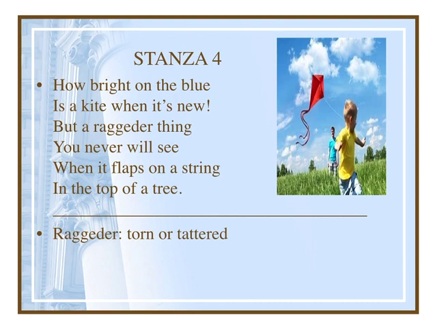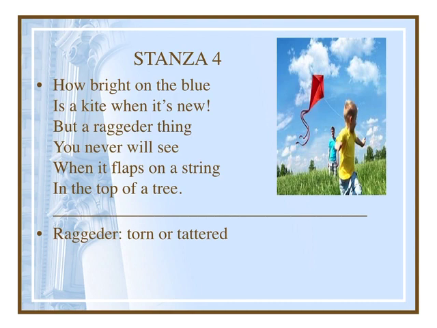But a raggeder thing, raggeder means torn or tattered, you'll never see when it flaps on a string in the top of a tree. Here he says when it gets stuck on a tree top, it gets torn and gives a very poor look, worn out look, which is not liked by anyone.